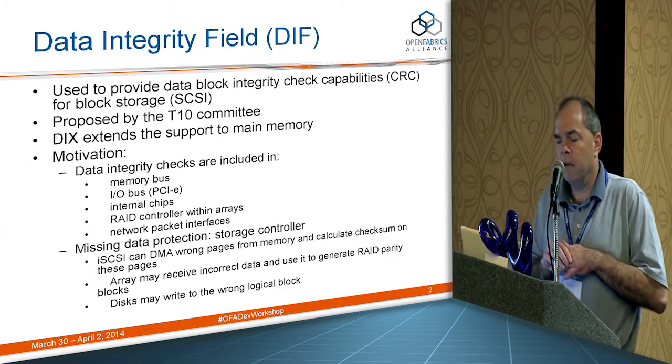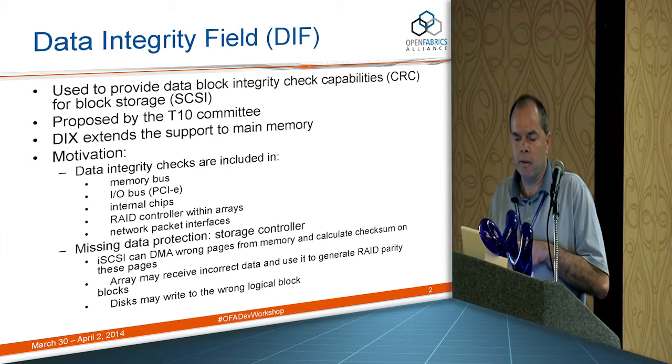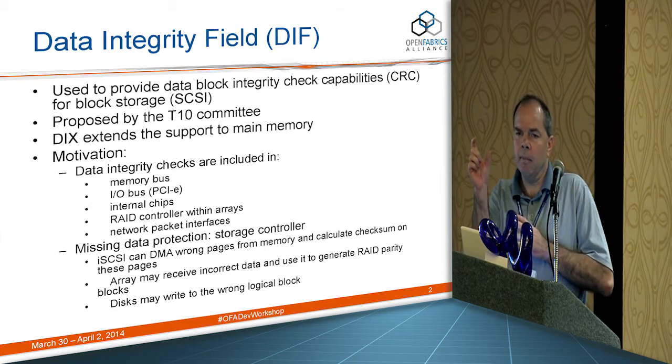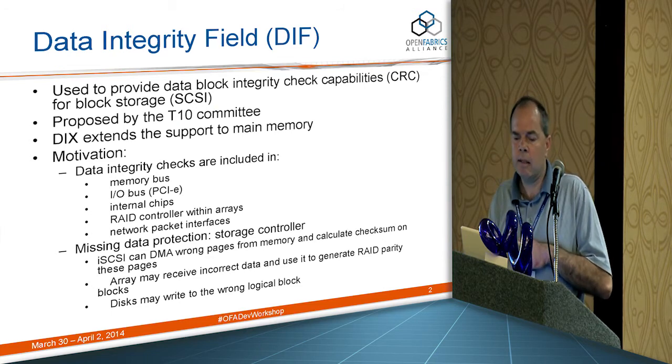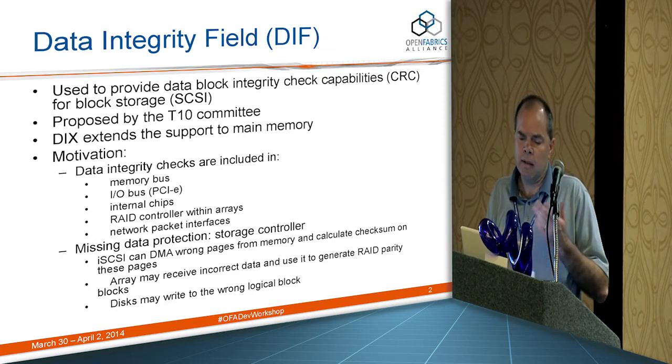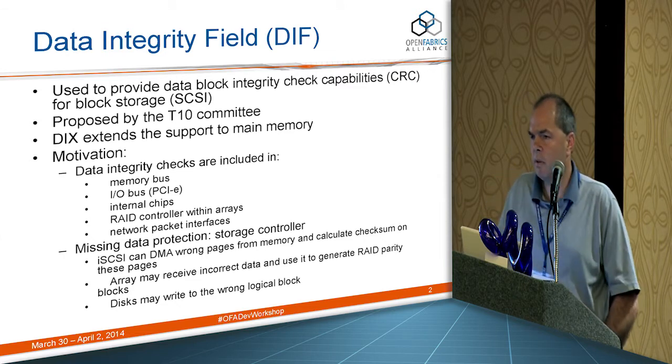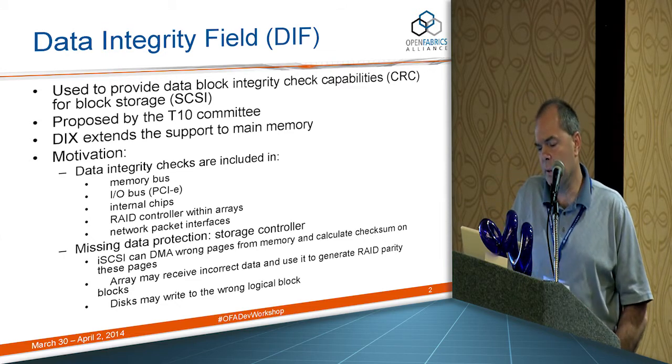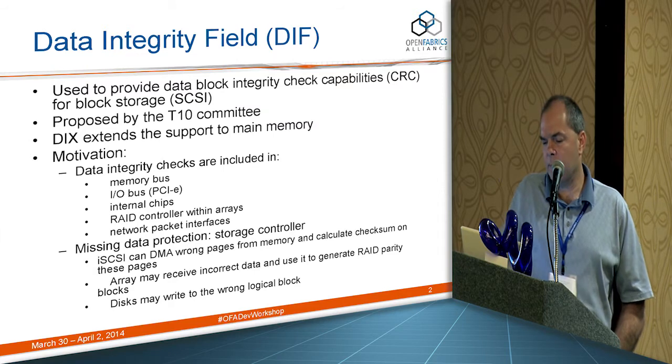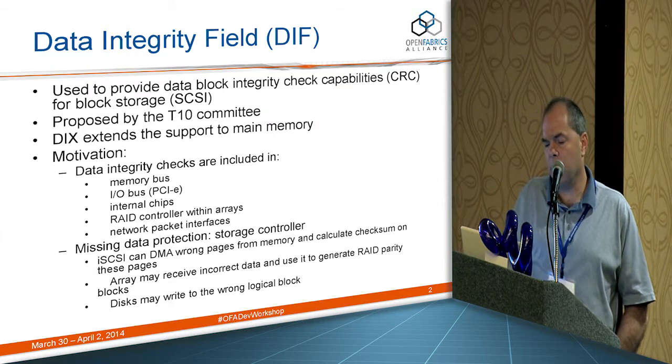So a bit about DIF. What DIF does to block storage is it extends the block storage by 8 bytes, adding some data protection capabilities, CRC specifically. This capability was proposed about 10 years ago or so, in the context specifically of storage to disk, and then protections were added later on.